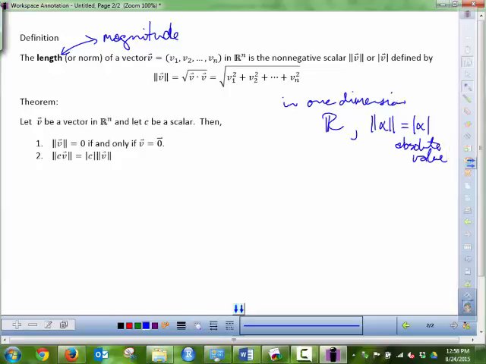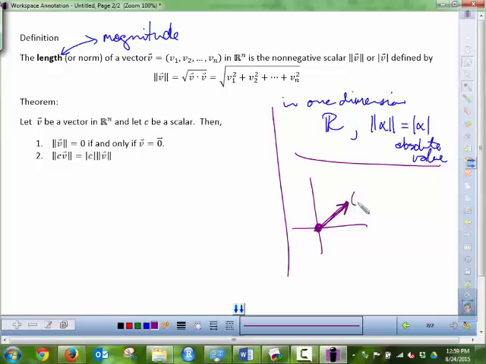And also geometrically, before we go on to the theorem here, whether you're in 2 or 3 dimensions, if you have a vector from 0, 0 to the point A, comma B, and we look at this as just a line segment, do you remember the length formula in geometry where you have 2 points?